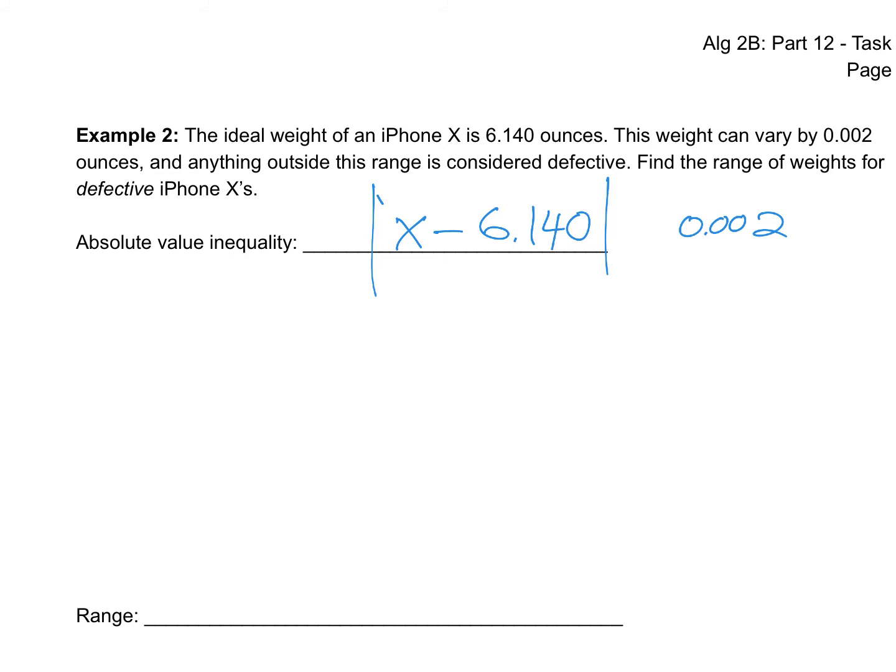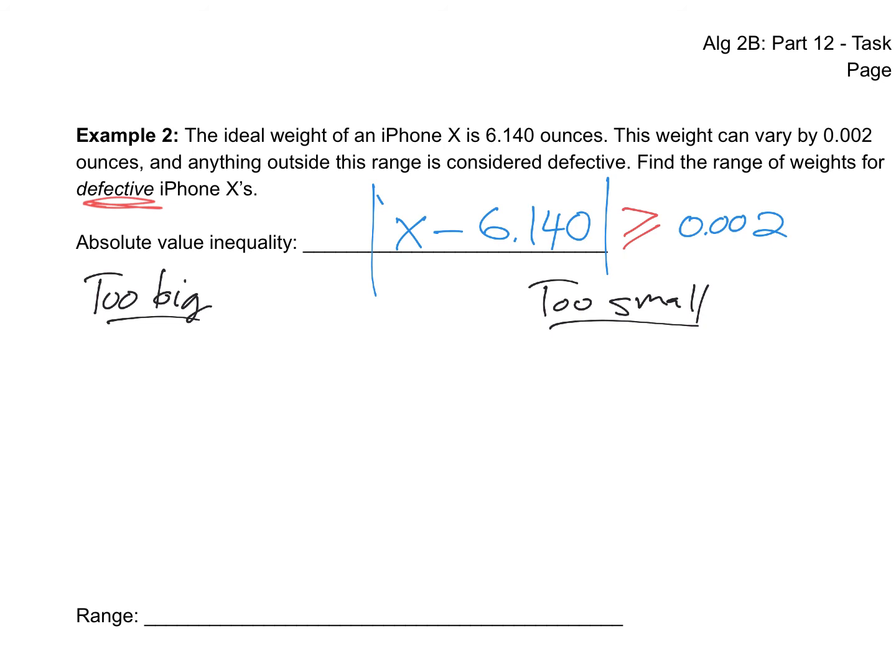And now, what's different is we're looking for the defective ones. So we're looking for the ones that are either too big or too small. And so that means the absolute value of the difference is more than what it's supposed to be. And so we put in greater than or equal to as our inequality symbol. Now to solve this, it's going to be a little different because we have two parts. We have what if x is too big, and then we have what if it's too small.